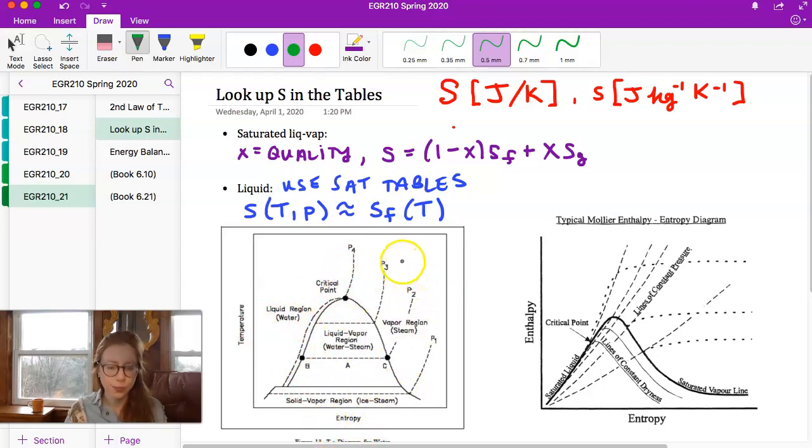Down here we have the solid-vapor region, which is ice and steam. Over here we have our liquid region, we have our critical point, and then we have our steam region over here, and our mixed region is of course under the vapor dome. Another thing we can look at is what a line of constant specific volume would look like. Specific volume being constant would look something like this.